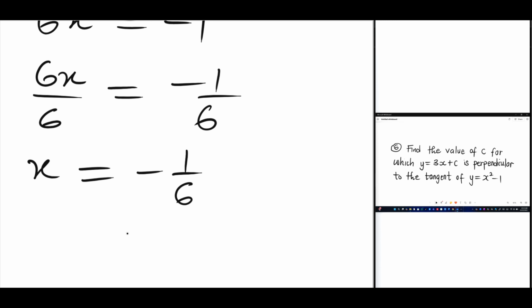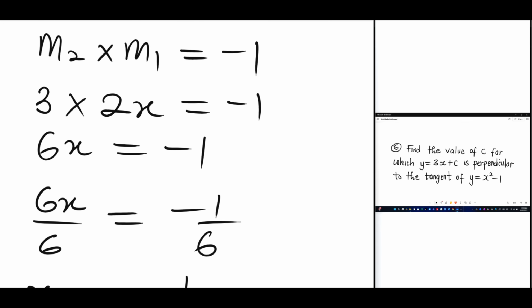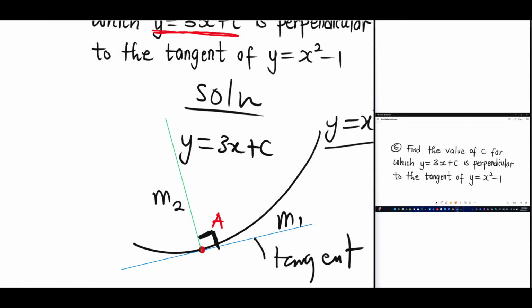All right. So after you have obtained this value of x, you will now use it to obtain its corresponding y value. At point A, the x component is -1 out of 6. So we are left with the y component.